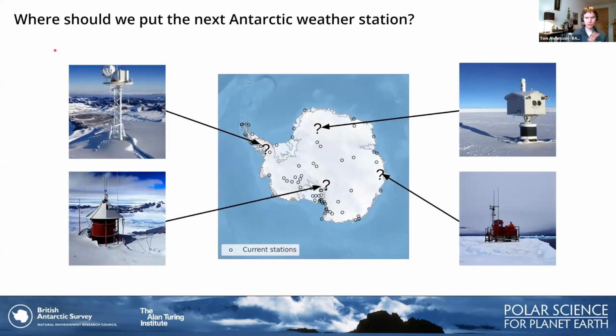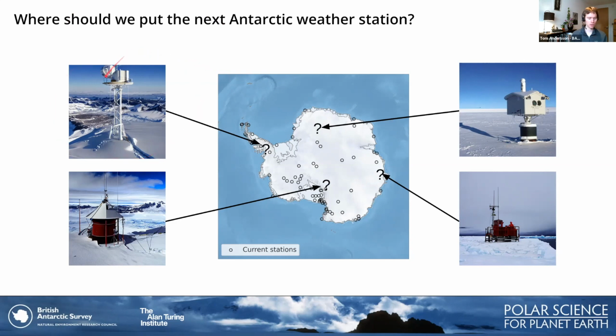Now, I'm going to be really high level in this talk, and here's my high level motivation for sensor placement. So let's say we're given the task of finding the best location to put the next Antarctic weather station. So I've got this kind of pictorial visualization of this problem here.